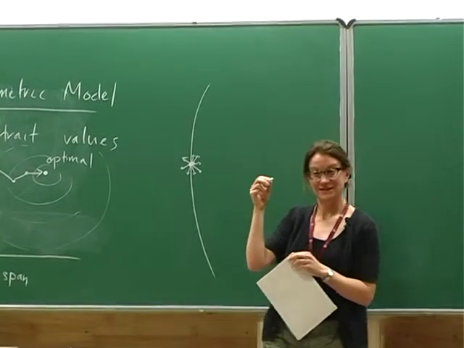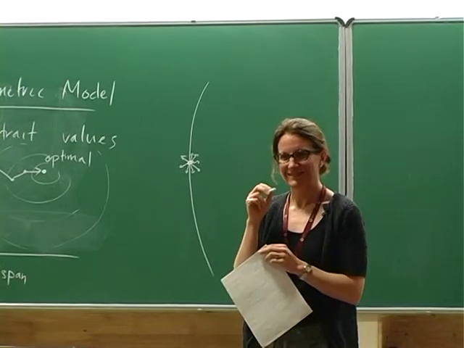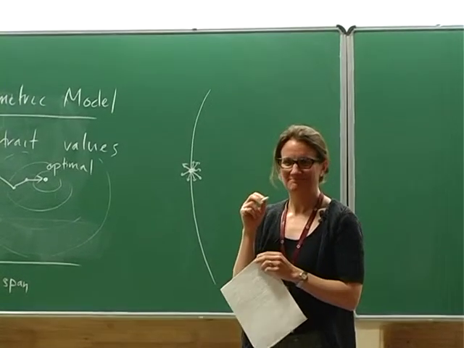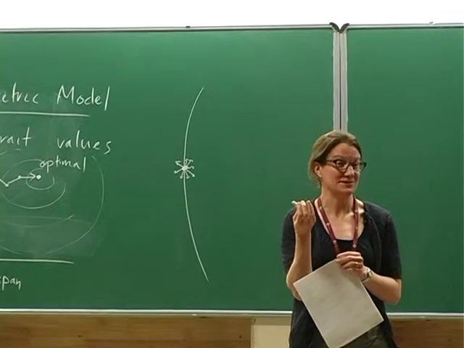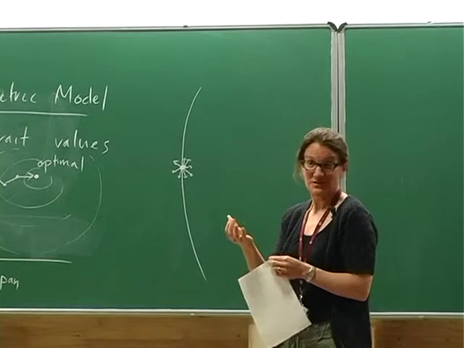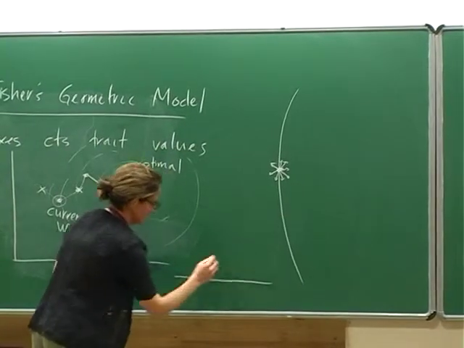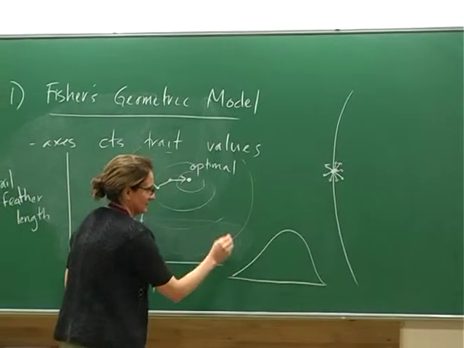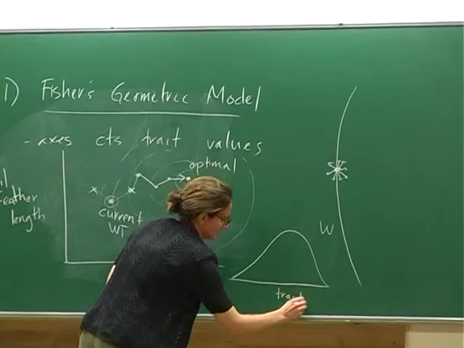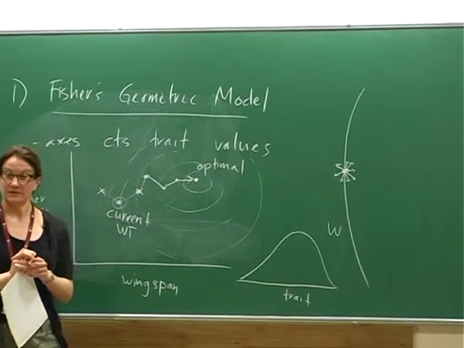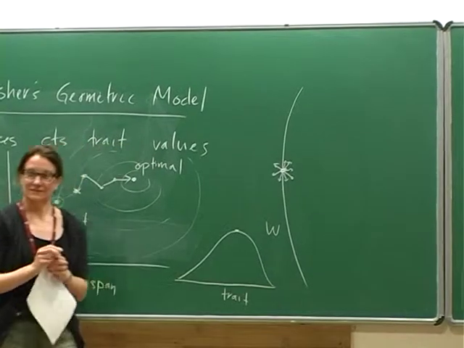Yeah, well, that's another good question. The question was, what is optimal fitness? What does it even mean? There's an assumption in this model. If I tip it on its side and we look at the fitness landscape, there's an assumption that fitness versus trait has some shape like that, and that the best possible fitness is the peak.